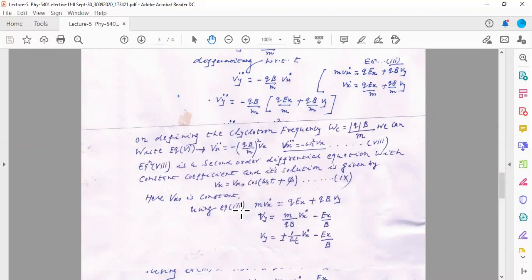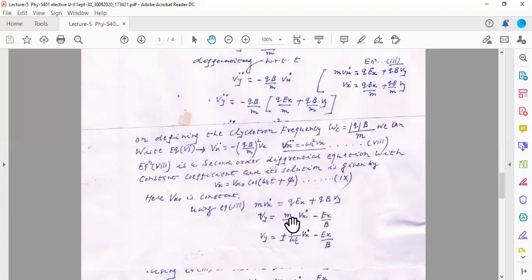Now, I calculated Vx double dot, Vy double dot, and Vx, the x component of the particle velocity. Now I want to find the y component of the particle velocity.